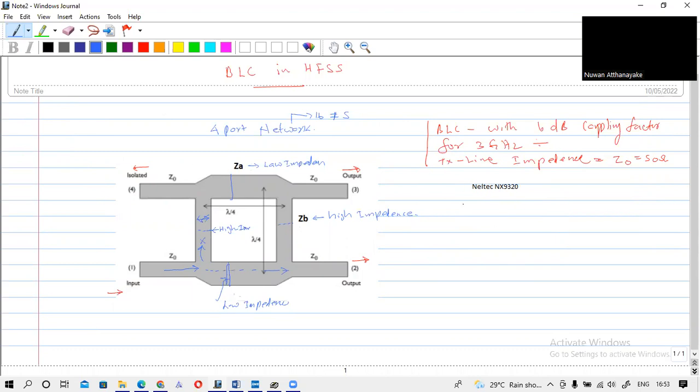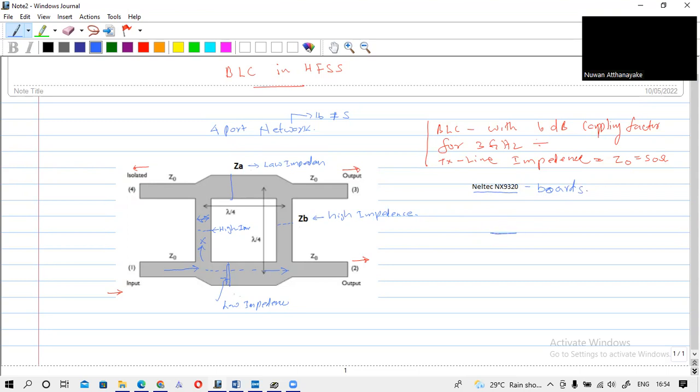This is actually a copper plate. Let me give you a general introduction about this dielectric substrate board. These are available as board sheets. It is like this.